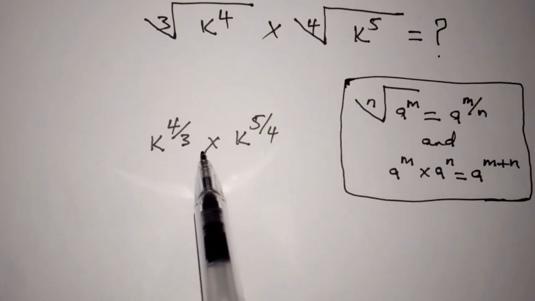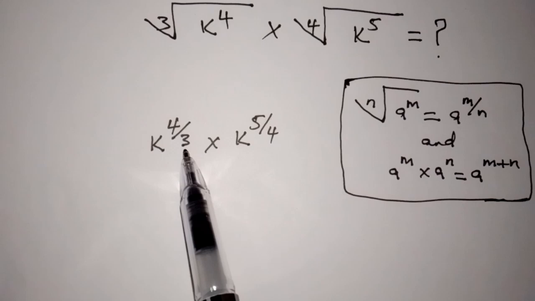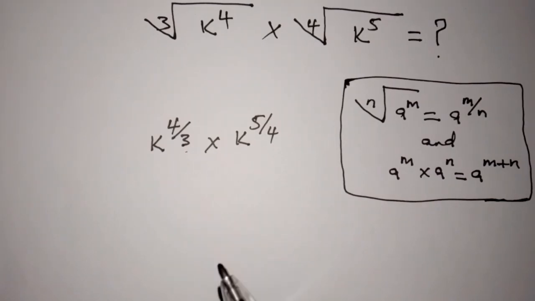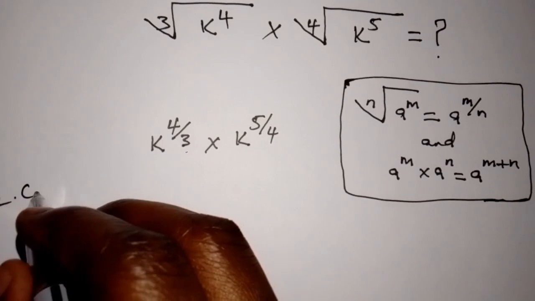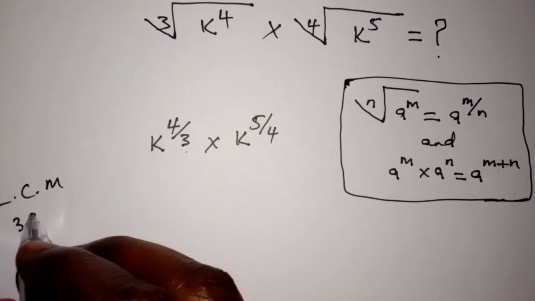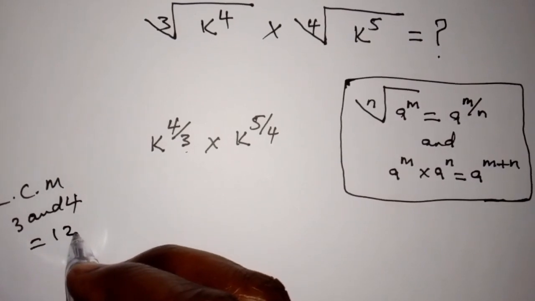Now we want to find the LCM of 3 and 4. The LCM of 3 and 4 is 12.